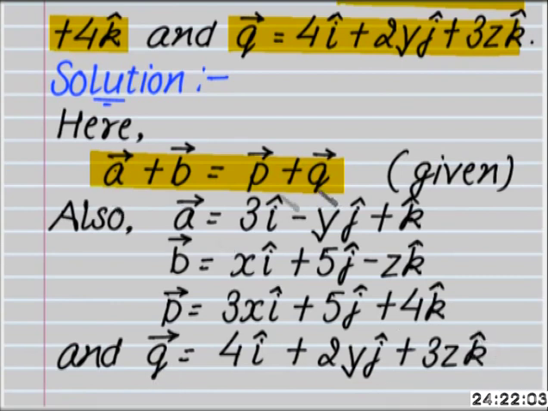Now as per given, the sum of vector a and vector b is equal to sum of vector p and q.